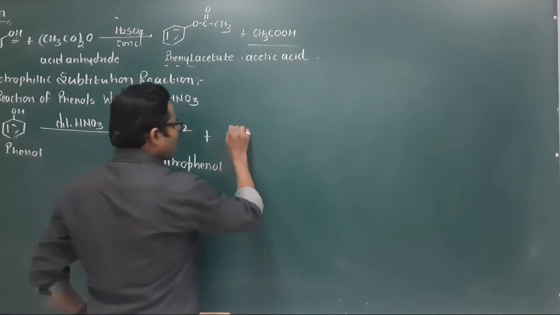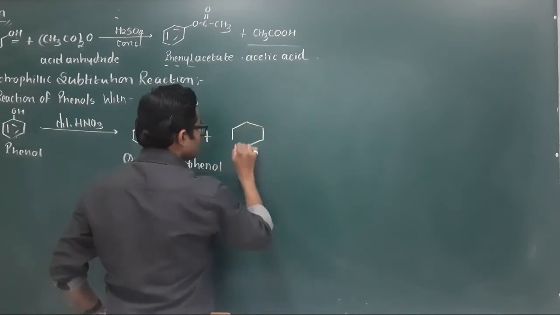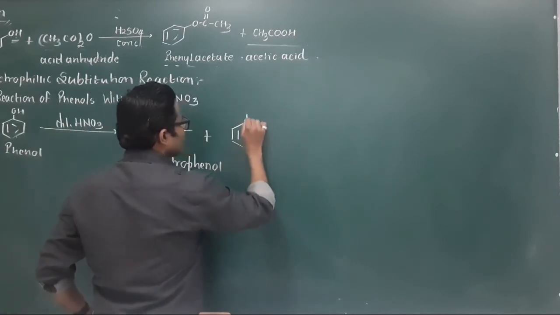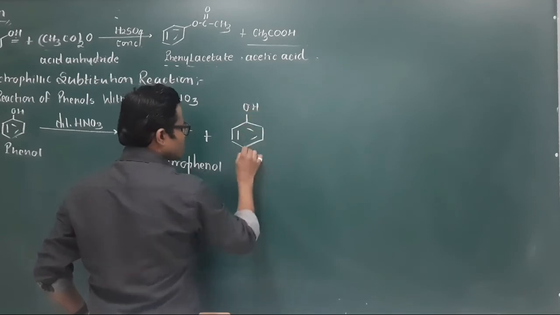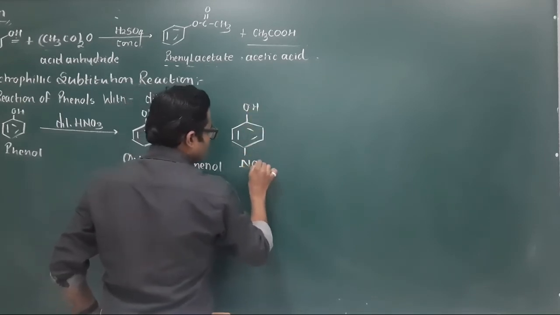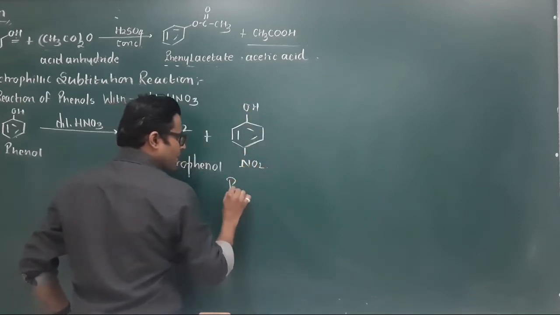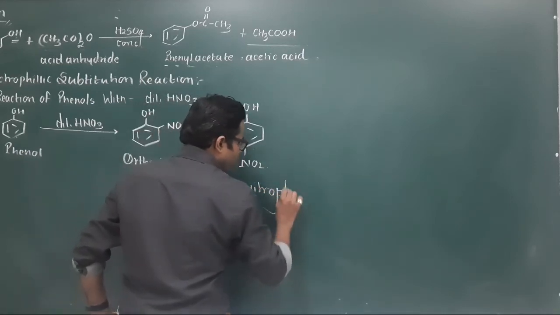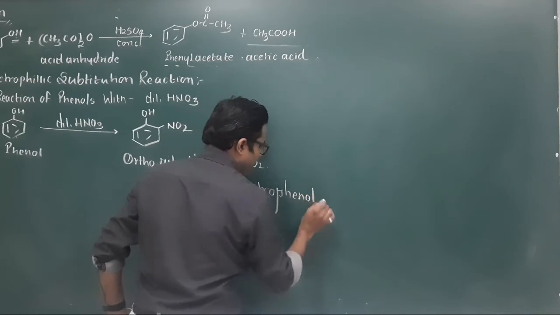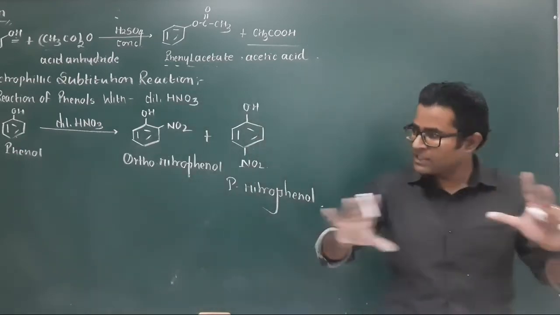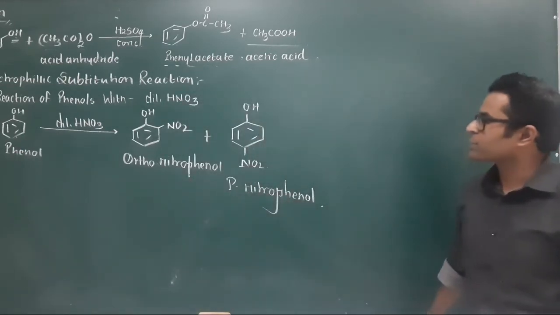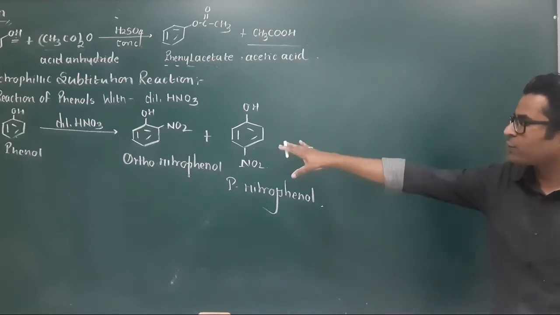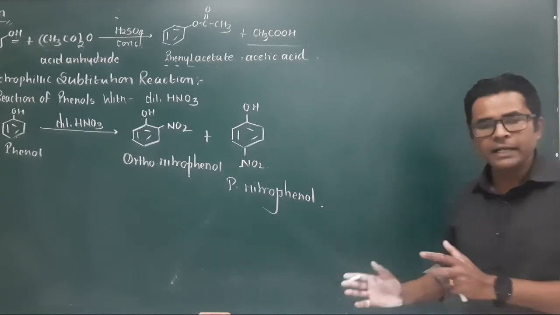When it attacks at the para position, we have this product wherein we have OH attached over here and NO2 attached over here. So this is our para nitrophenol. So we have these two sets of products: one is the ortho nitrophenol and the other is the para nitrophenol.